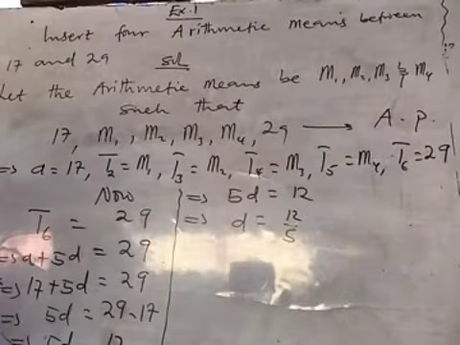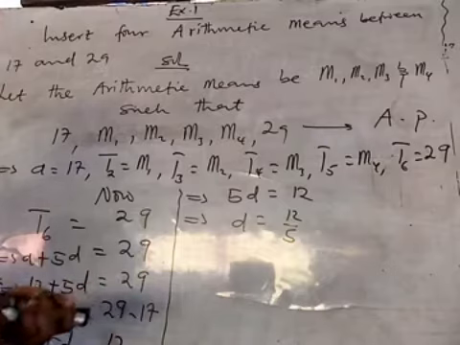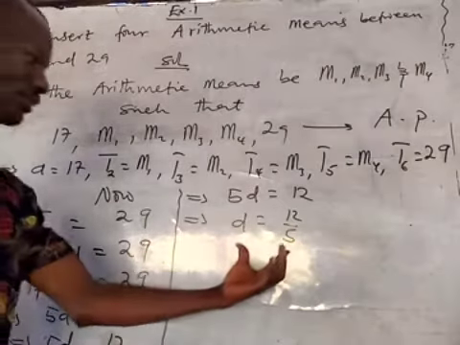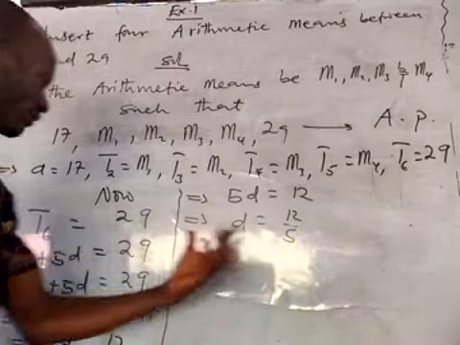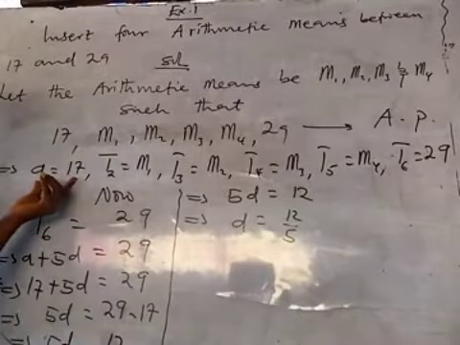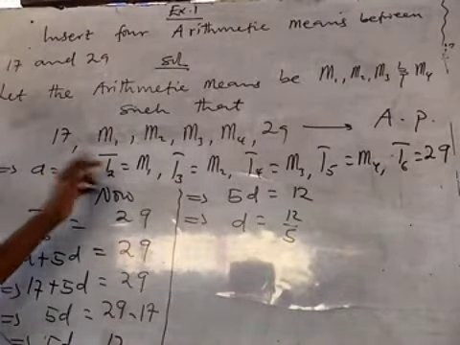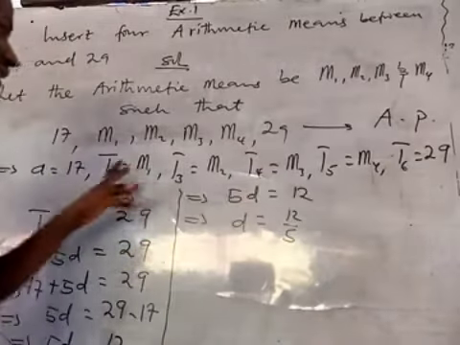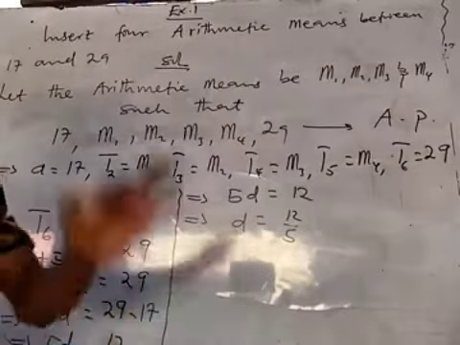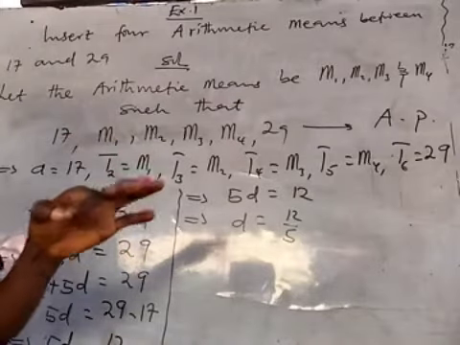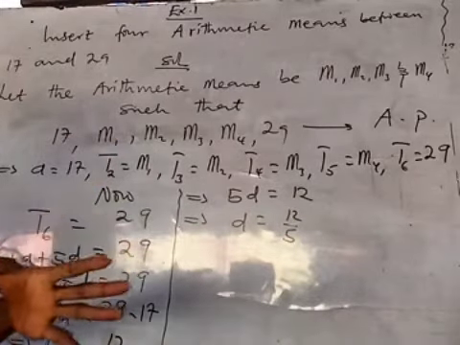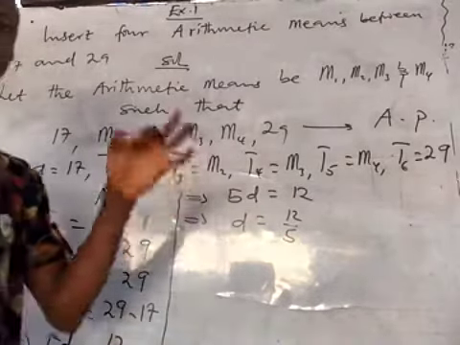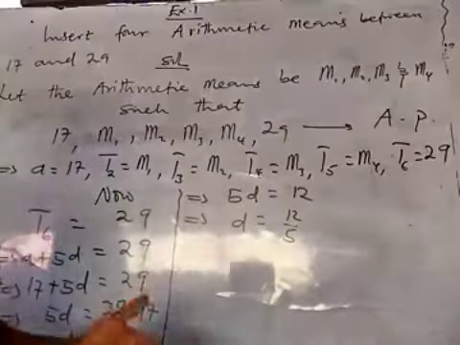So having the value of D, remember we have the common difference now as 12 over 5, and we have the first term as 17. We are looking for M1, M2, M3, and M4, which are the terms of this sequence. Whenever terms of a sequence in AP are missing, they can be found when the first term and the common difference are given.